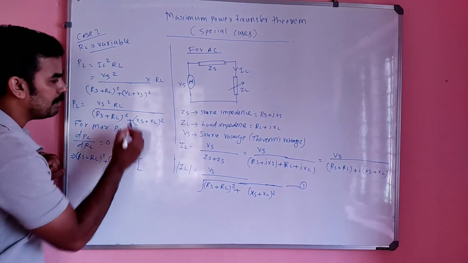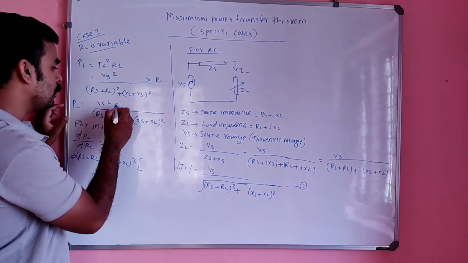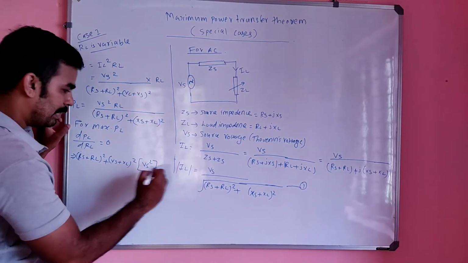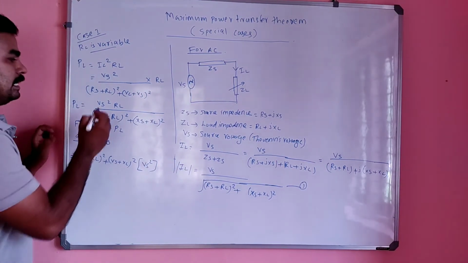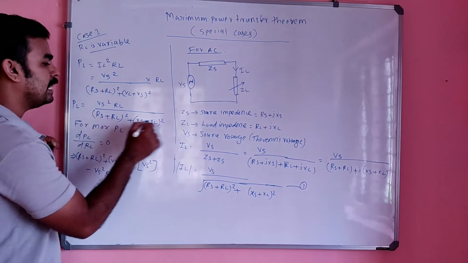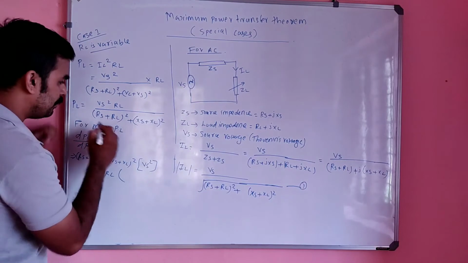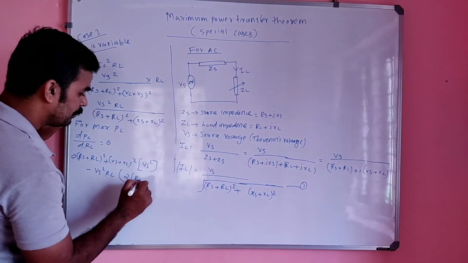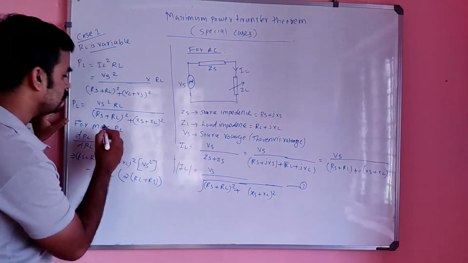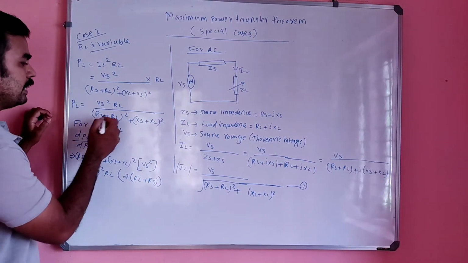D by dRL of numerator is simply Vs square. Minus numerator into d by dRL of denominator, which is 2 into RL plus Rs.